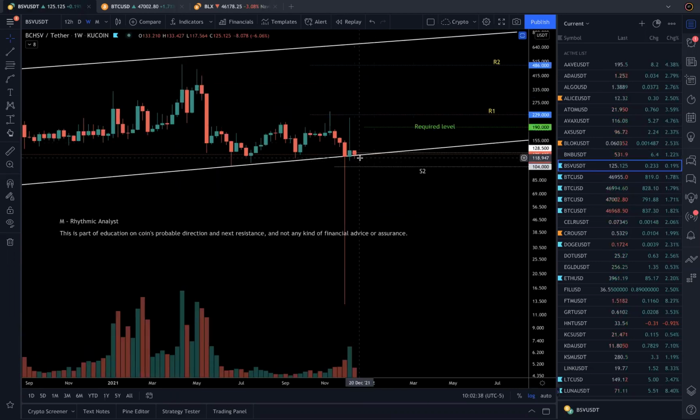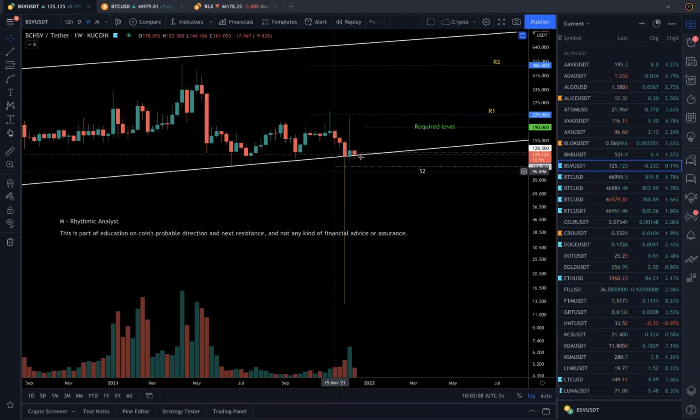This is a different coin, so I'll skip it. As I said, this coin will have huge value or no value. This is a different reason why I added it. Maybe I should have added it in some special category, but there's no need to create a special category for this coin. But I had to add it in the active list for tracking. These levels are given. It had hit R1 earlier, and then this is the required level.